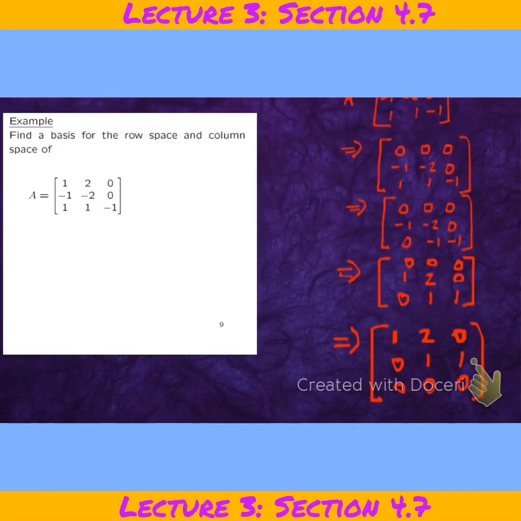Right, so what will be the basis for my column space? Now, the columns with the leading ones are the first and the second column. Okay, so remember what we said. To find the basis for the column space, we need to go back to my original matrix and select the first column and the second column.